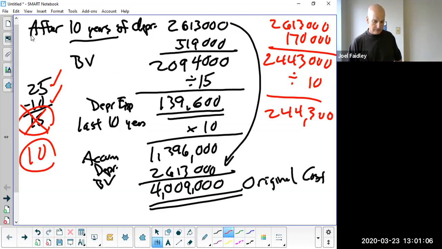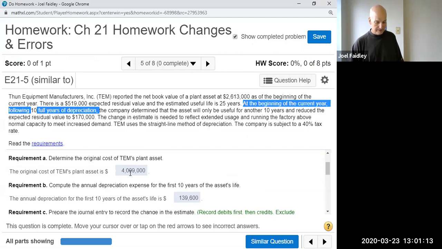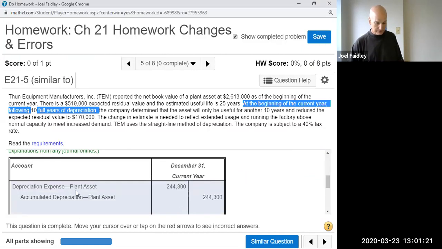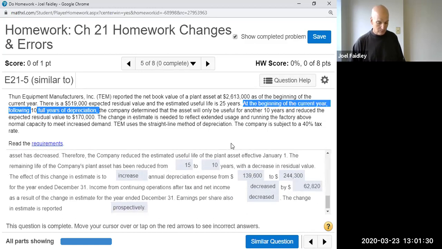Let's go back and look at the solution. Again, there's the 4,009,000 original cost. There's the depreciation for the first 10 years. And then there's my journal entry. Depreciation expense, $244,300. Accumulated depreciation for the remaining 10 years. All right, then what do we fill in down at the bottom?